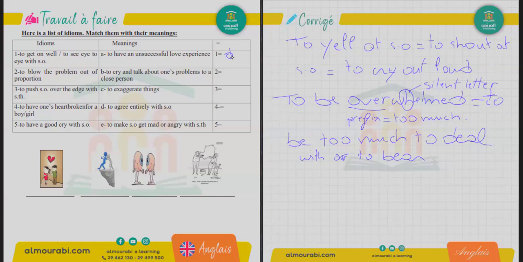Anybody to try the second one? What is to blow the problem out of proportion? We will see that expression later again in its context in our text. So what is blowing a problem out of proportion?